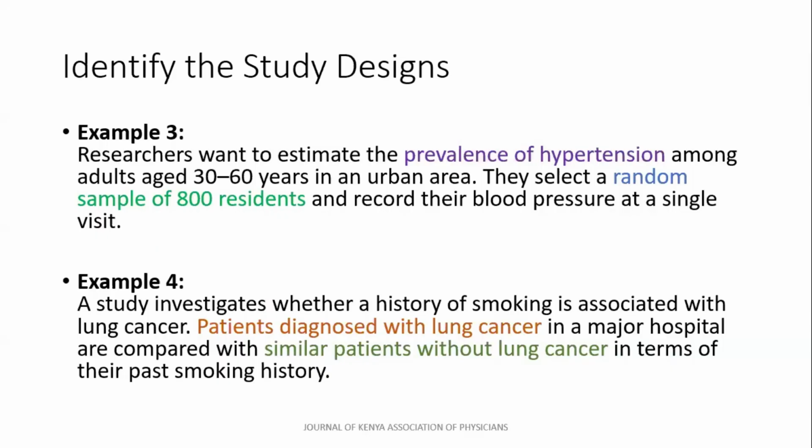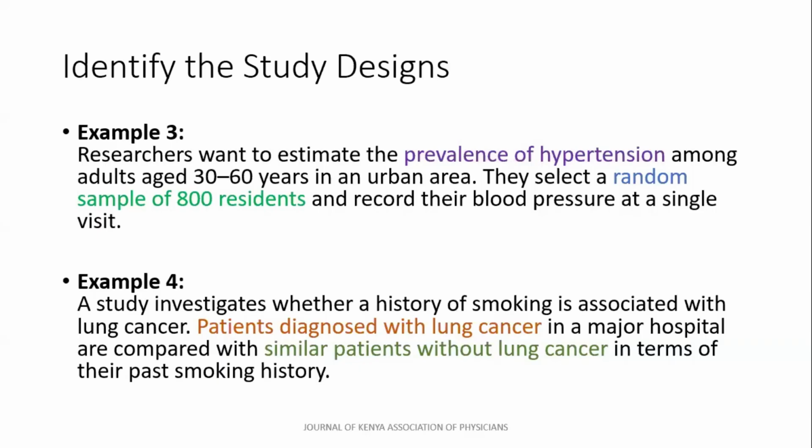So we have one group of study participants who have an outcome of interest, in which case this is lung cancer, and we have an almost similar group of patients who do not have the outcome of interest. In this case, they do not have lung cancer, and we're trying to compare them in terms of their past smoking history.